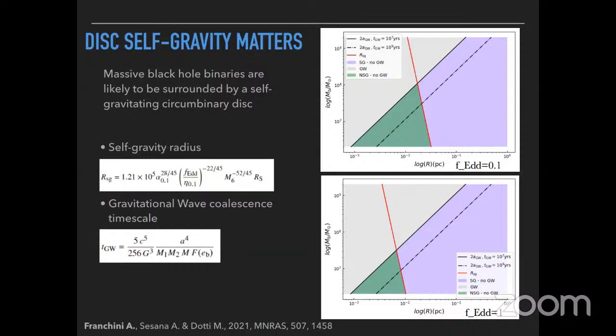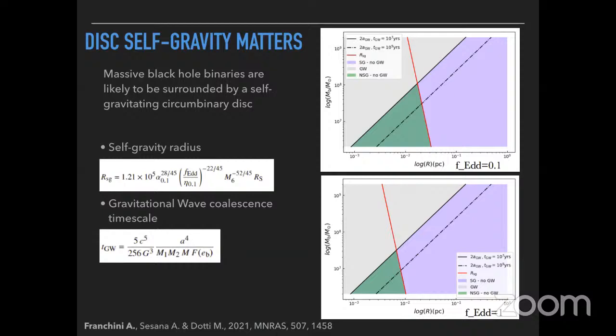So we compared the self-gravity radius with the gravitational wave coalescence timescale, extracting essentially these two diagrams that show the mass of the black hole binary versus separation. And essentially what this means is that in this region, for masses, let's say, below 5 times 10 to the 7 and very, very small separations, it's fine to ignore self-gravity.